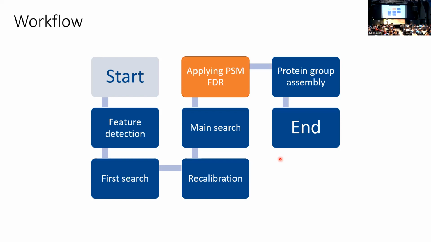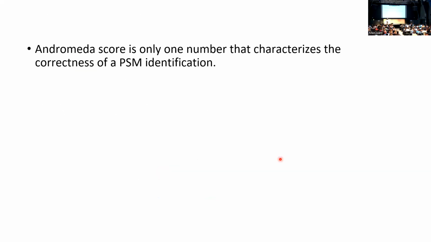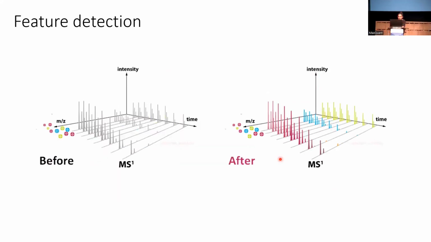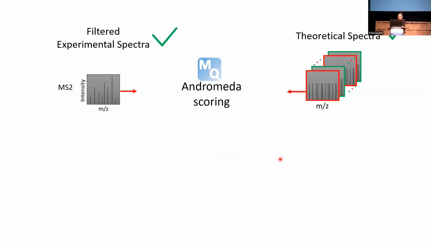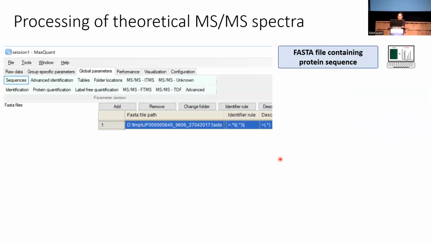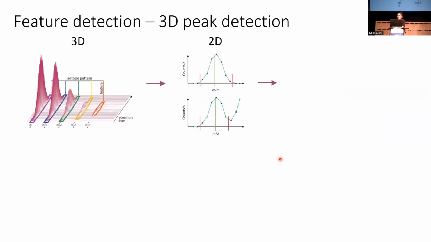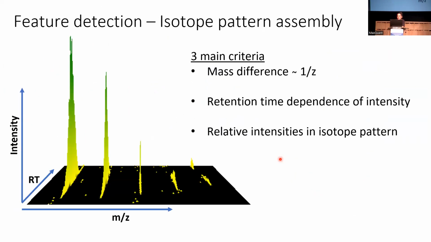Then to put the isotope patterns together, you have the other three criteria I mentioned: they have to fit the 1/z spacing, and the retention time profile should be similar for all of them. These are the criteria to put the isotope features together, and the 7 ppm is to put the centroids for one 3D feature together.